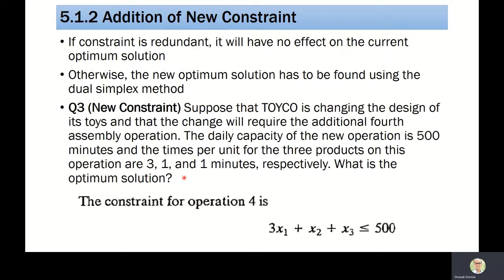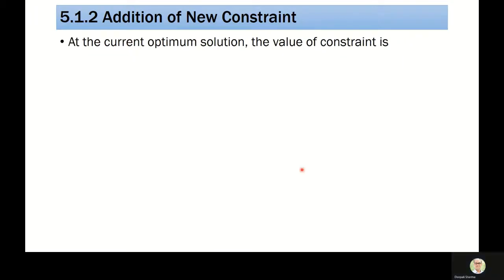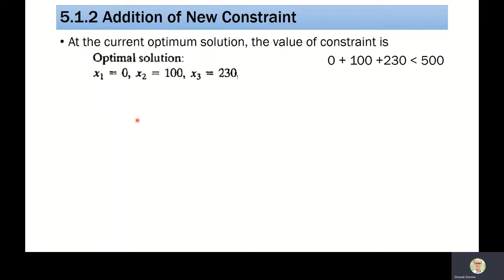Looking at this definition, the constraint can be written as 3x1 plus x2 plus x3 smaller than or equal to 500. That is the right hand side for constraint number 4. Let us find the value of the constraint at the current optimum solution. The current optimum solution is x1 = 0, x2 = 100, x3 = 230. This we get from the optimal simplex table.